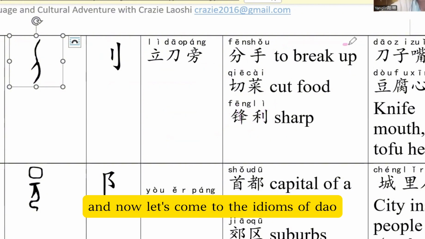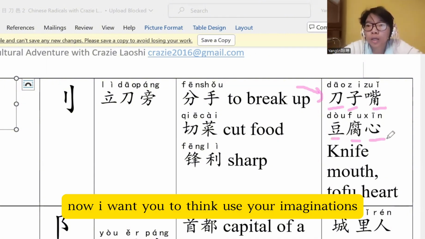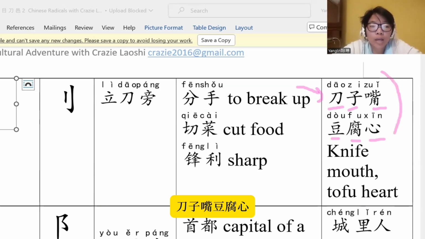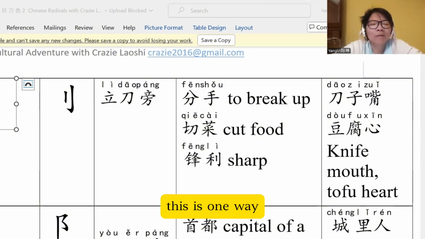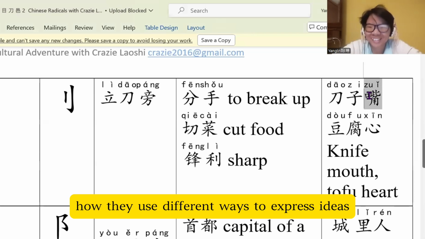And now let's come to the idioms of 刀. 刀子嘴豆腐心. Now I want you to use your imaginations. What does this expression mean? 刀子嘴豆腐心. This is one way I love learning languages, how they use different ways to express ideas.